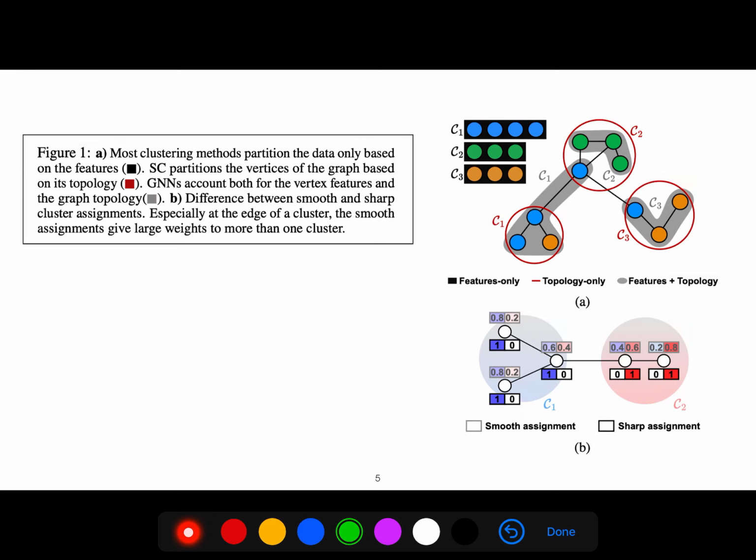So GNNs account for both vertex features and graph topology. And in B, you will see the difference between smooth and sharp cluster assignments. Especially at the edge of a cluster, the smooth assignments give large weights to more than one cluster.